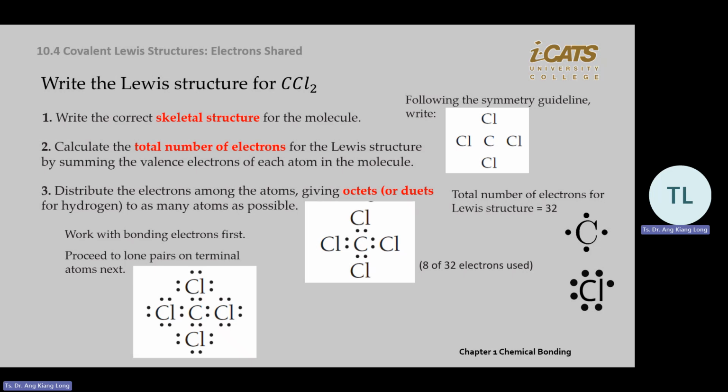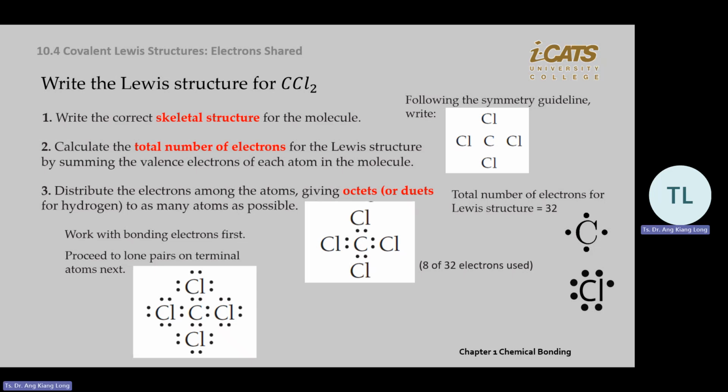So this is the answer for the next steps. So you do the 8 electrons in the middle first. So 32 minus 8, you have 24. 24 divided by 4, you have 6. So you put in 6 dots for each of the Cl. Then you check whether it reached octet or not.